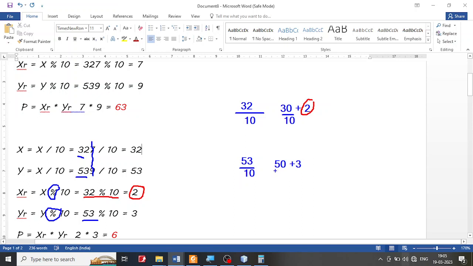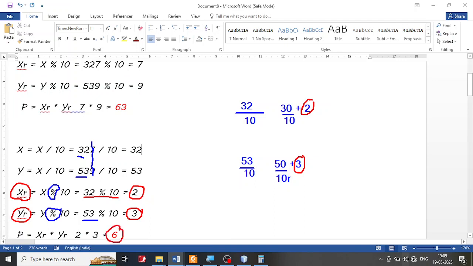And we know very well that 10 can perfectly divide 50, but 10 cannot divide the 3, so remainder will be 3. So you got 2 and 3. So I'm taking xr as the remainder of x, yr is the remainder of y. So multiply them together. So 3 into 2 you are going to get as 6.